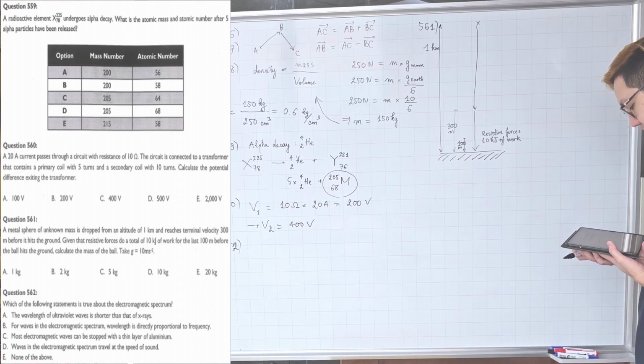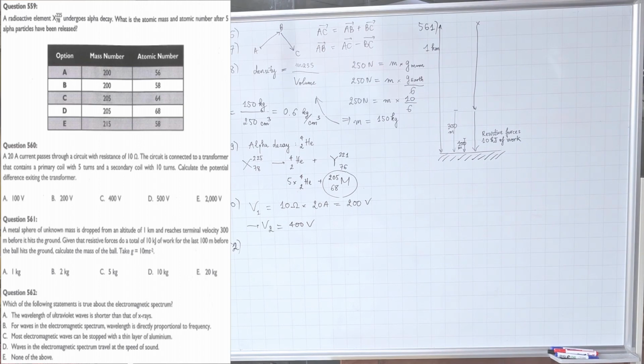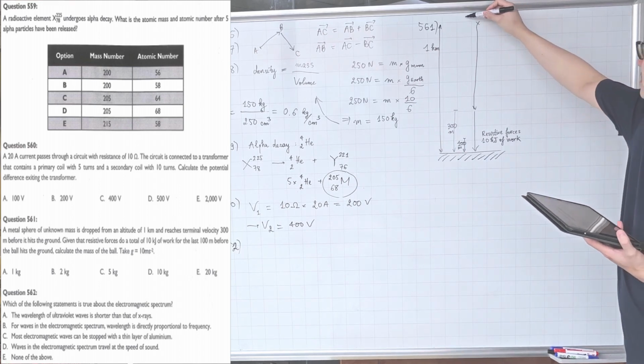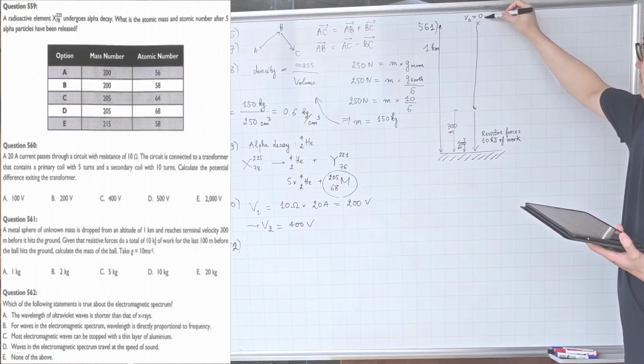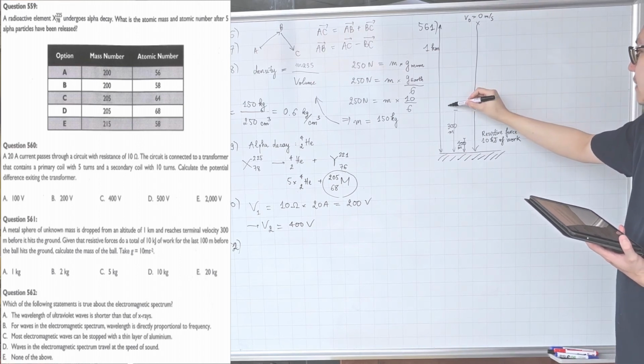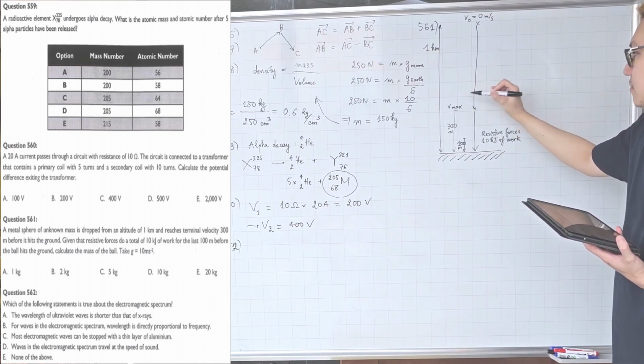So how do you do this one? Here V0 is equal to 0 meters per second, but here is Vmax already, remember.